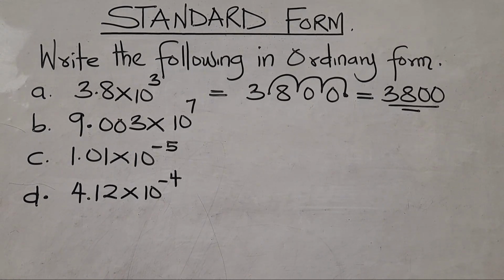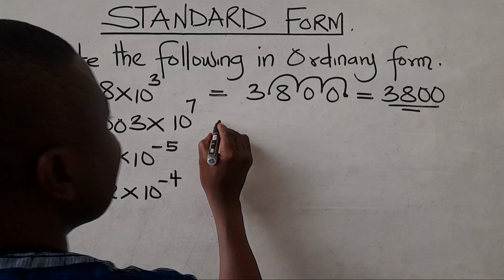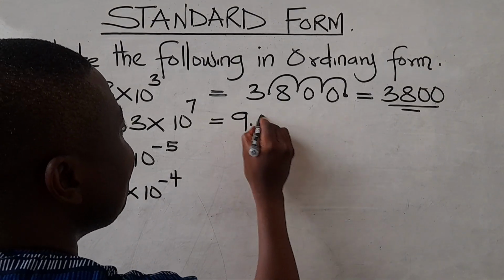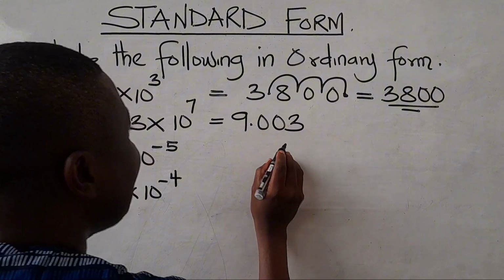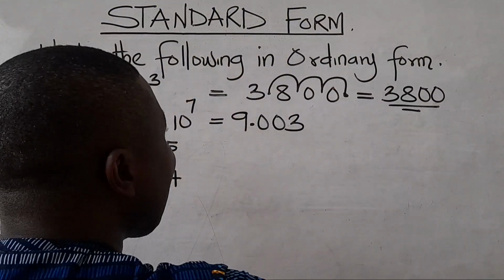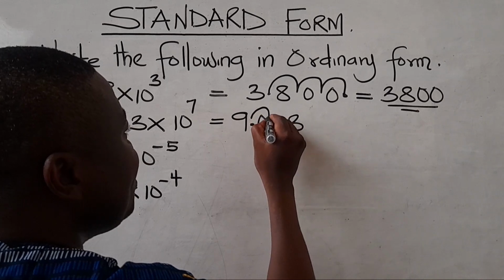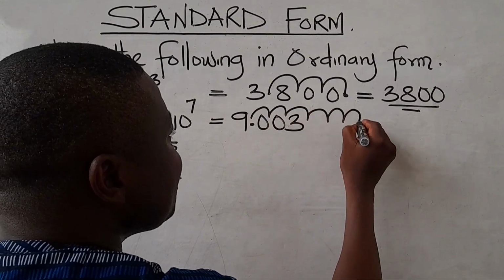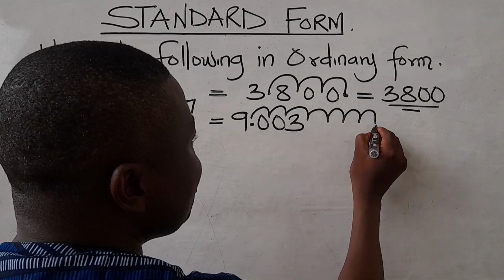You have 9.003 times 10 to the power 7. So this will give us 9.003. Let's go 7 times. Remember, positive 7 to the right. Let's go. 1, 2, 3, 4, 5, 6, 7. Is where the point ends.